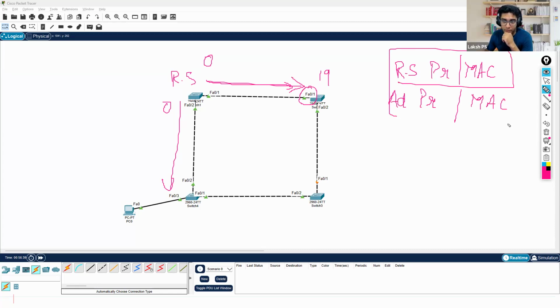Both are the same. So switch 2 knows that it is directly connected to the root switch, and this interface spanning tree cost is 19.